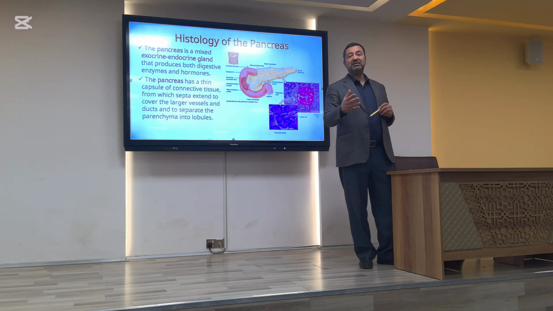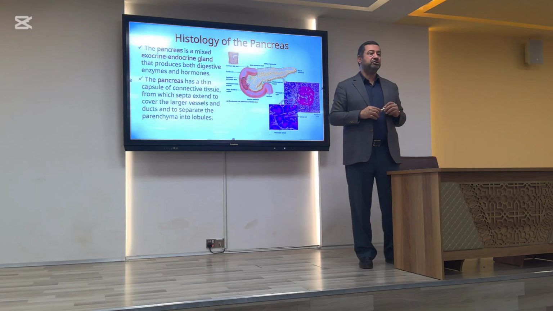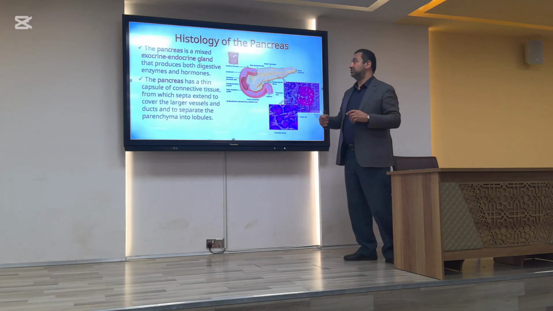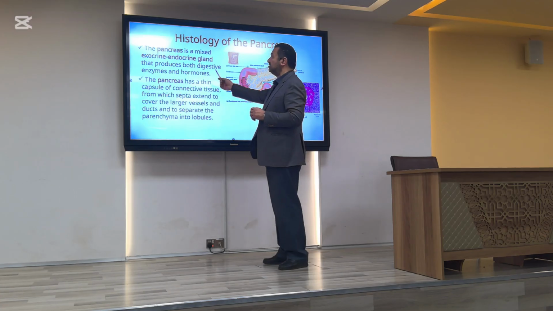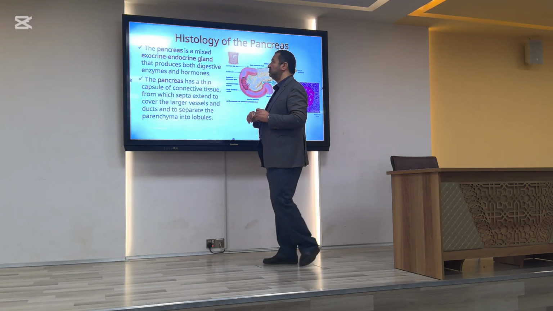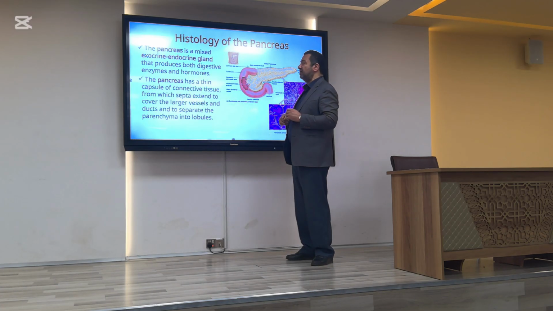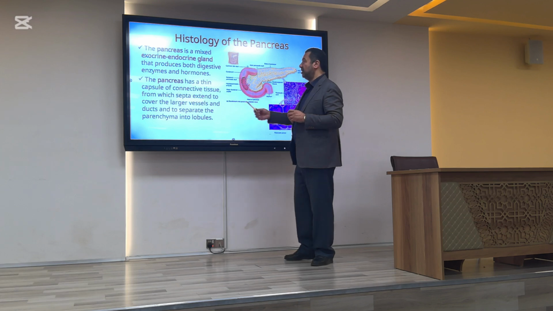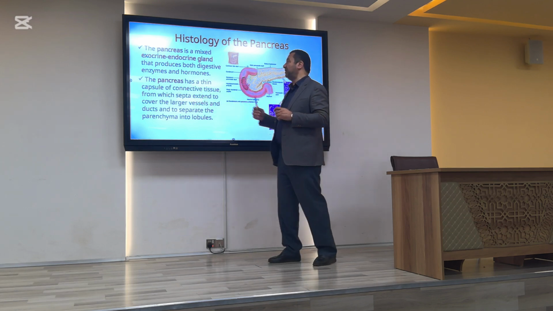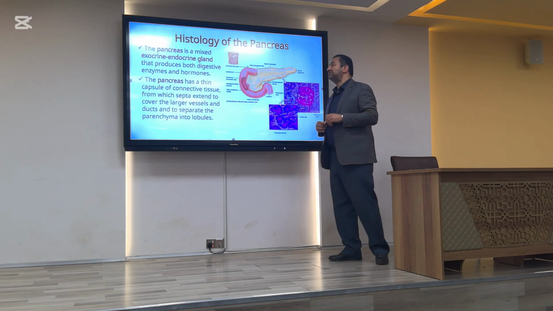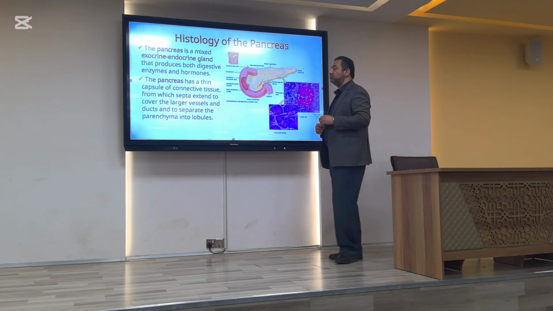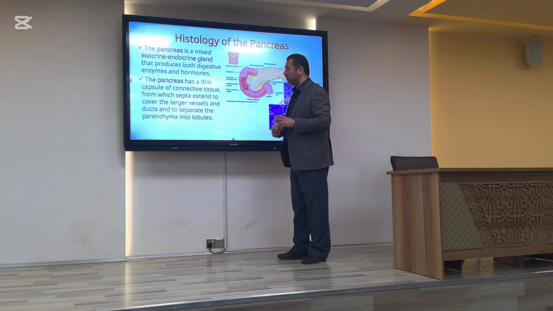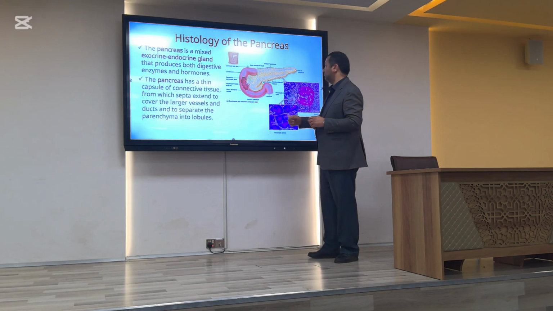Which organ has exocrine and endocrine functions together? Pancreas. The pancreas produces both digestive enzymes and hormones. It has a thin capsule of connective tissue from which septa expand to cover the larger vessels and ducts and to separate the parenchyma into lobes.